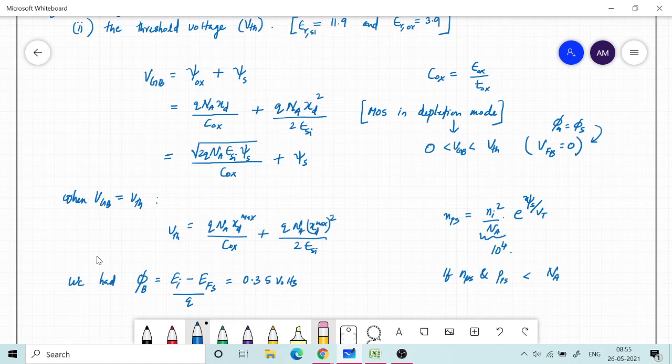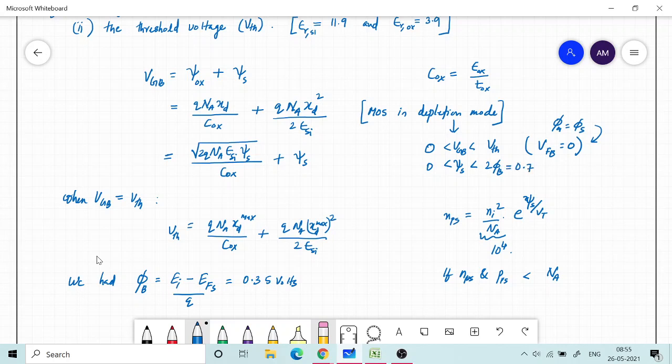You can also write the same condition as psi s between 0 and 2 phi b. This is another way of specifying it in terms of psi s. That is basically the depletion mode. Since phi b is 0.35, 2 phi b is going to be 0.7.